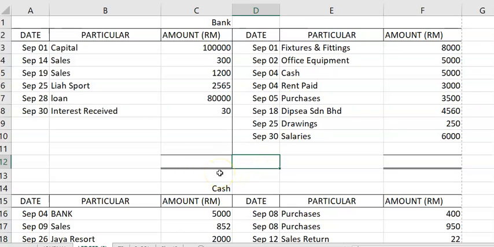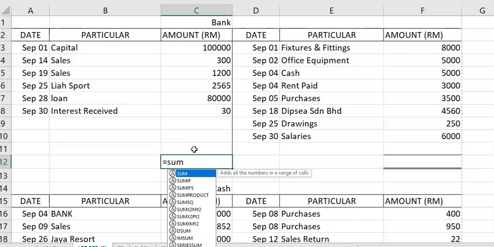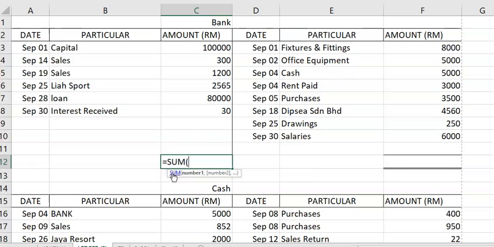Then the next step is to calculate the total amount that you have recorded on the debit side. I use the summation formula in Excel, but if you do not do this in Excel, you need to calculate manually using your calculator.